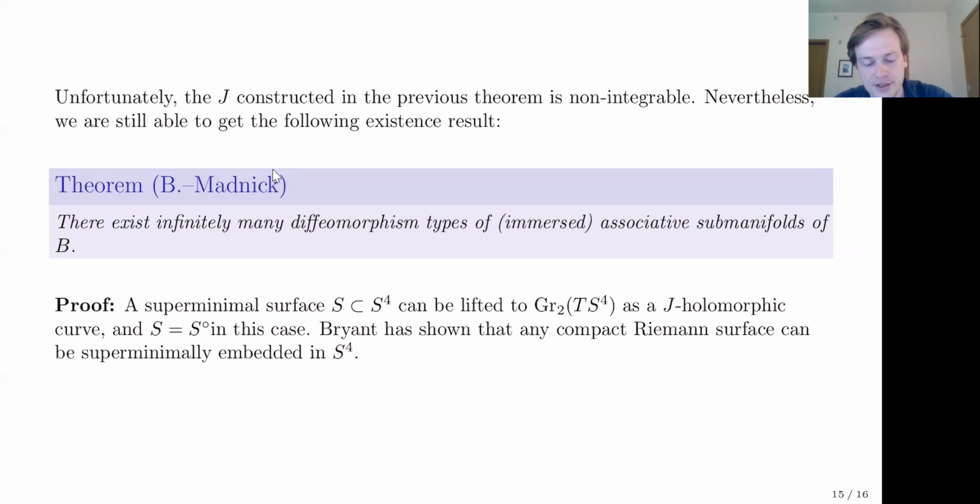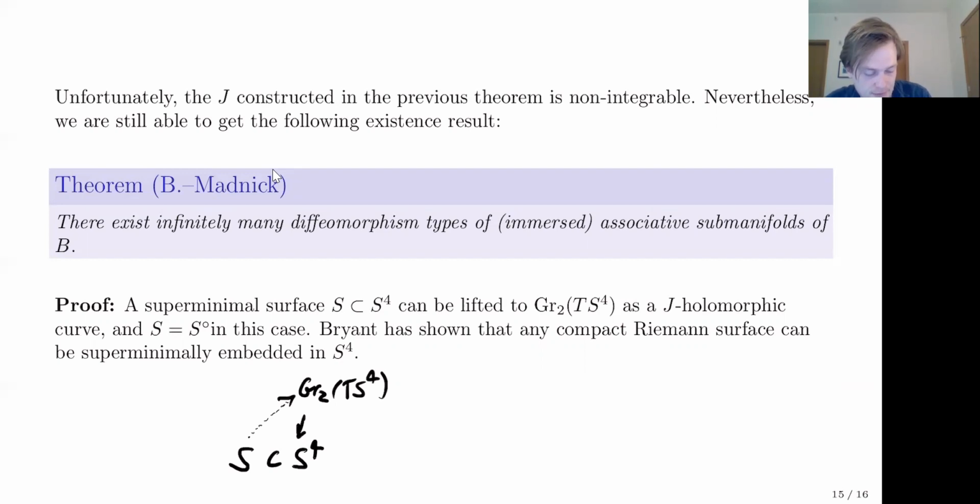So the picture of what's going on is you have S inside S4. Over S4, the space Gr2 of TS4 is a bundle over S4, and you can lift, say, take the tangent lift here, and that'll give you a superminimal surface.